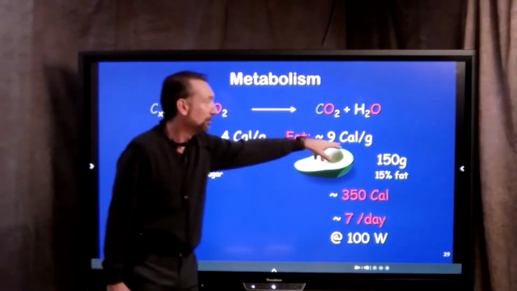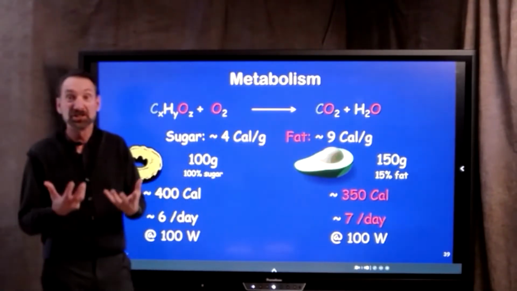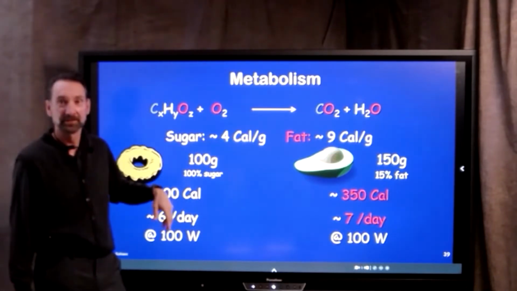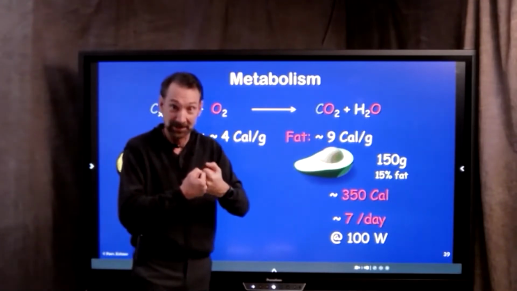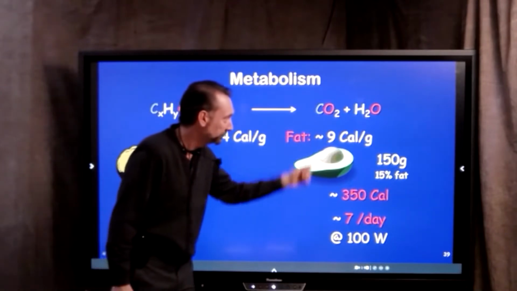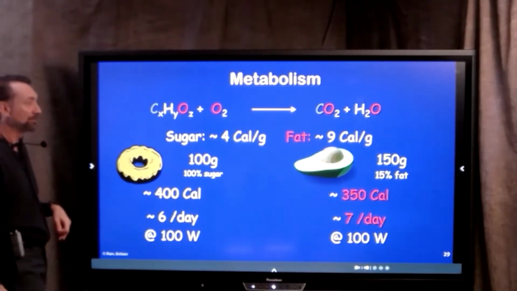Here, fat, much more dense in energy. So now we can talk about energy density. Sugar packs 4 calories for every gram. Fat packs 9 calories in the same mass. So you eat your avocado, you get a tremendous amount of energy from the fat.